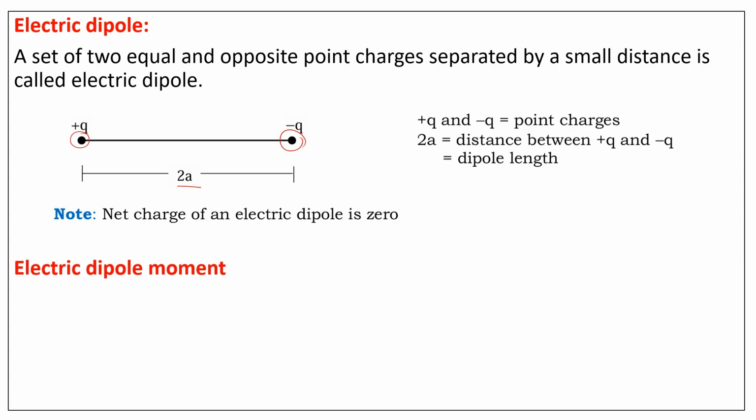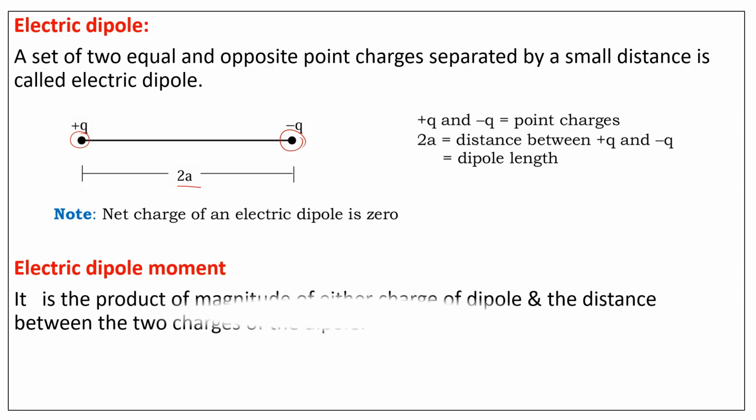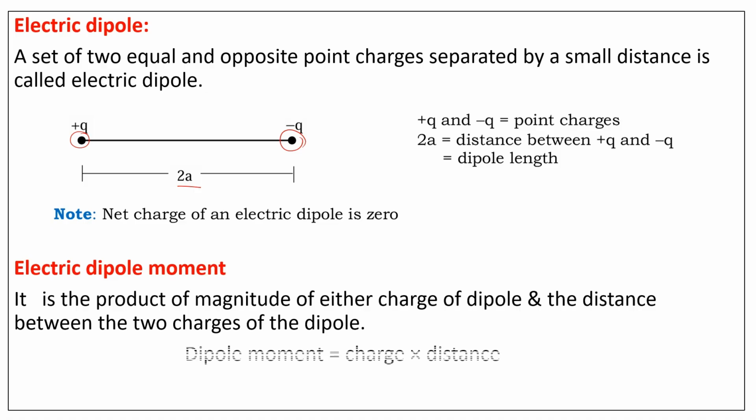Electric dipole moment. It is the product of the magnitude of either charge of the dipole and the distance between the two charges of the dipole. Dipole moment is equal to charge into distance. That is, p is equal to q into 2a. SI unit is coulomb-meter, C m.